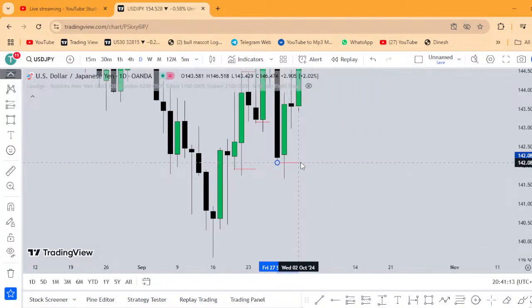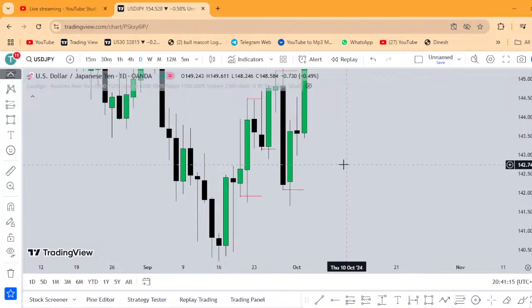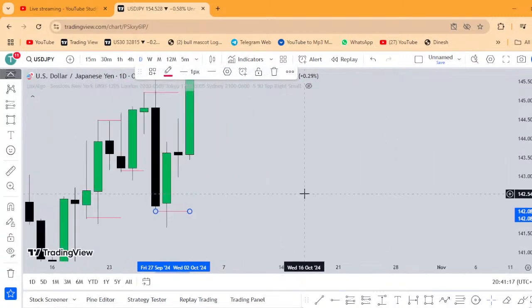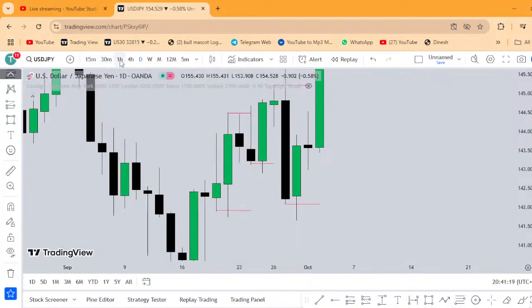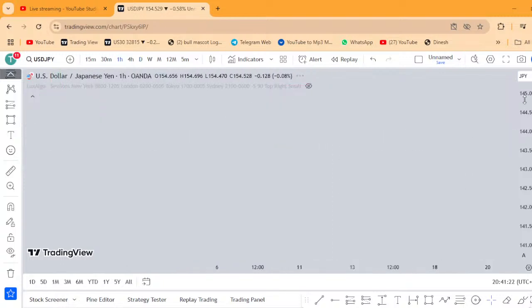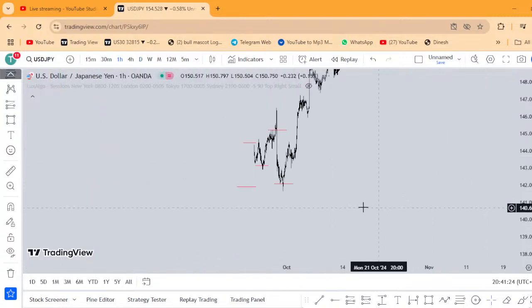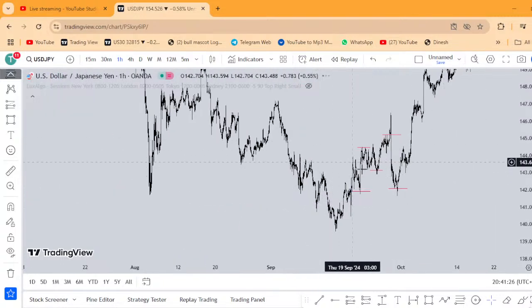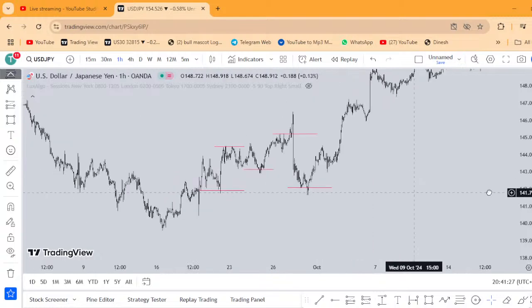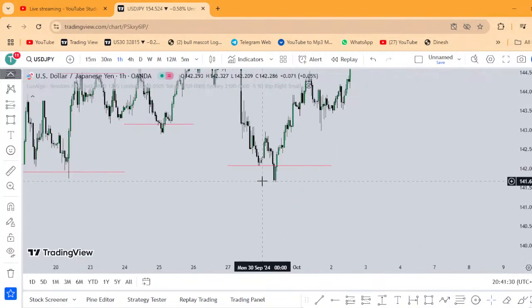Your role is to go to a lower time frame and get a market structure shift. So this is why we swept liquidity. So we go to the 1 hour chart as our first chart. When I'm trading, I stop on the 1 hour chart because I've backtested and I've gotten more familiar with the market. But if you're not very familiar, you need to go even to a lower time frame.